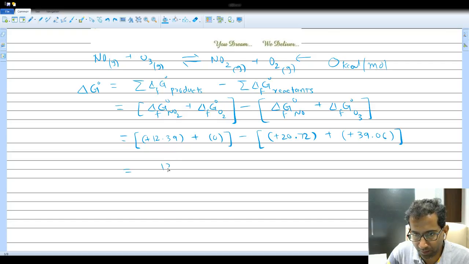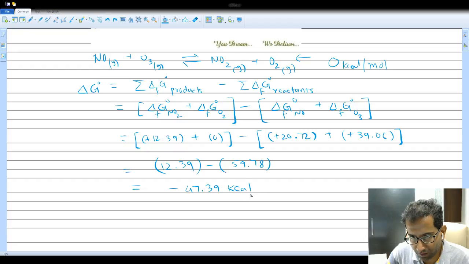So 12.39 minus 59.78 simplifies as minus 47.39 kilocalorie.